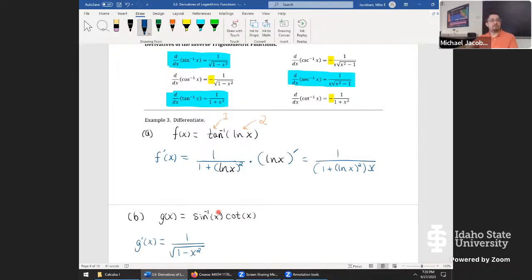So I've differentiated sine inverse, and the product rule says multiply that by cotangent x. So I'll go times cotangent x. Then there's a plus in the product rule, so plus comes in. On this step, we have to copy the opposite function. So I'll copy sine inverse.